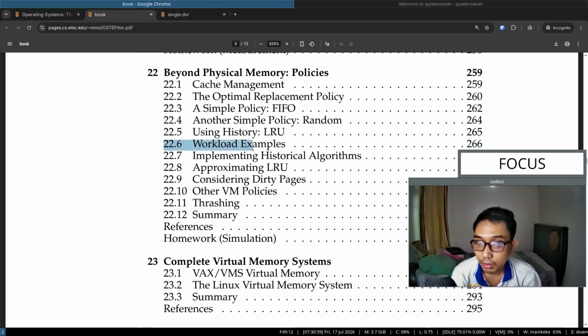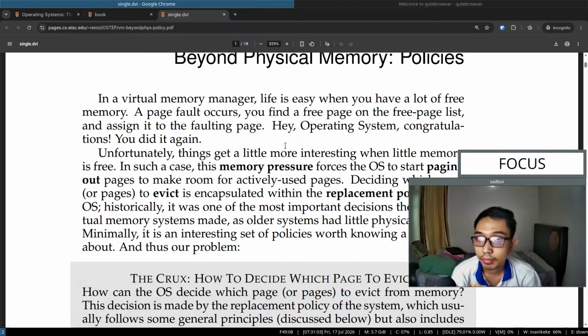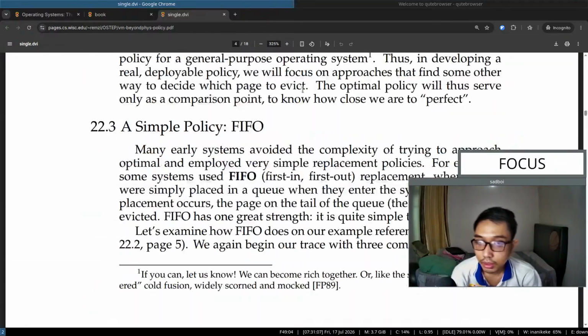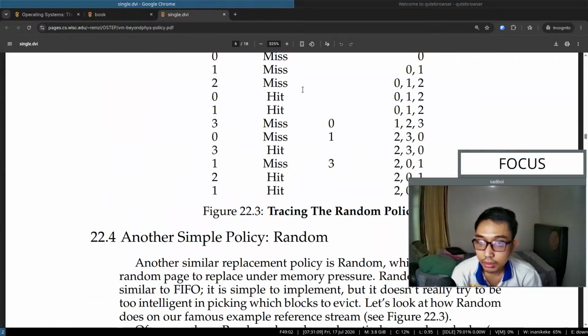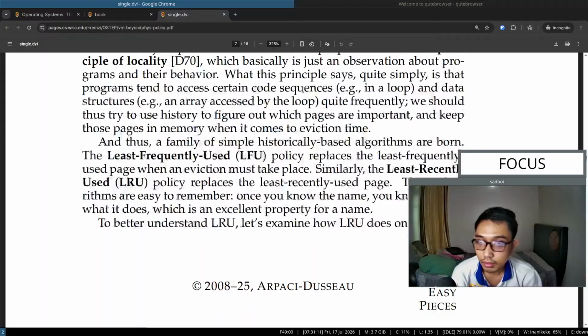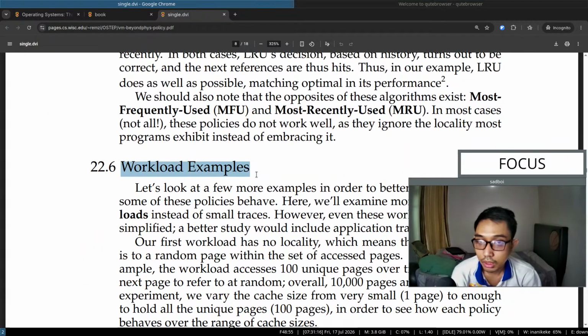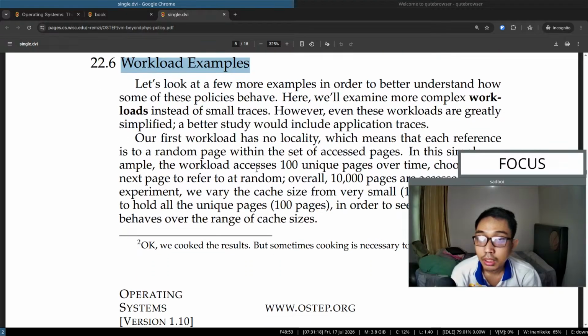Now let's take a look at the workload example. Let's look at a few more examples in order to better understand how some of these policies behave.